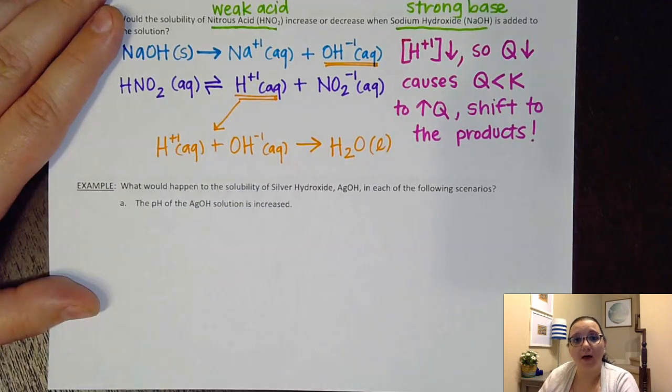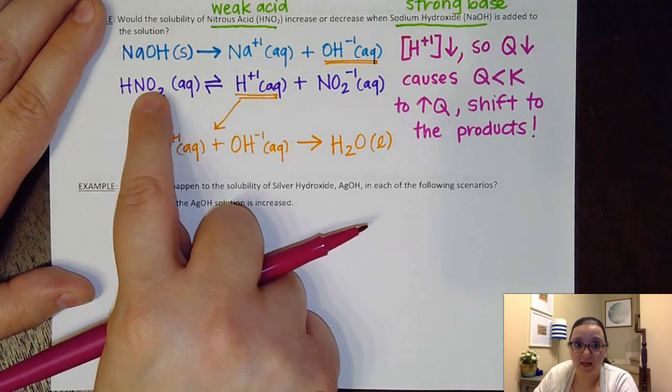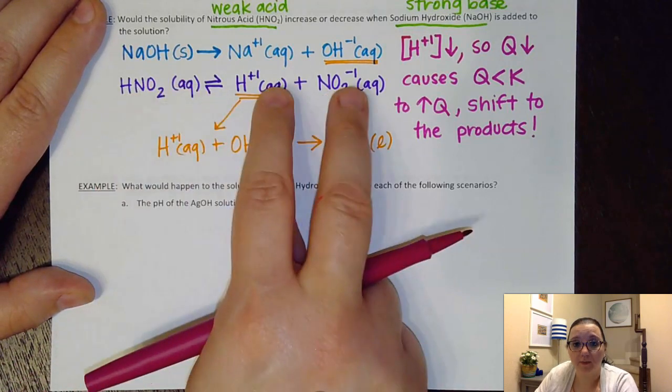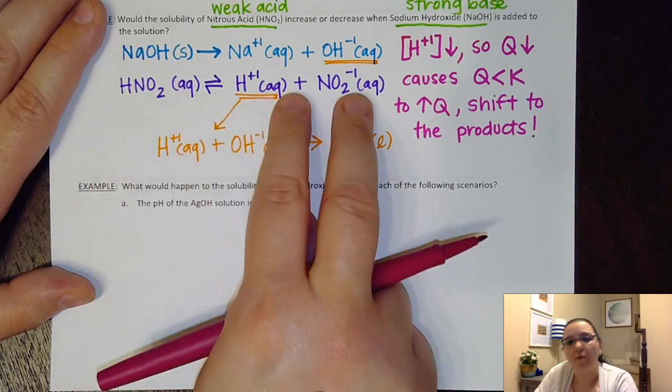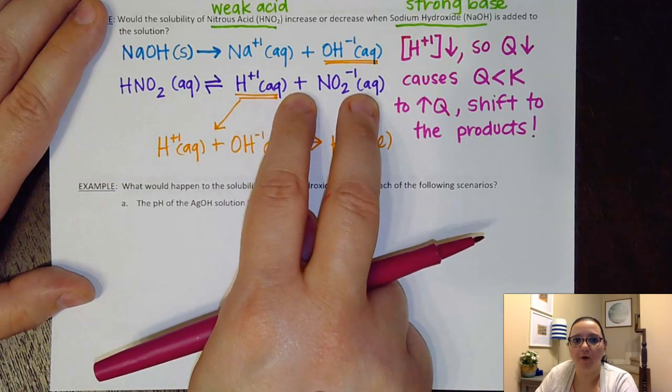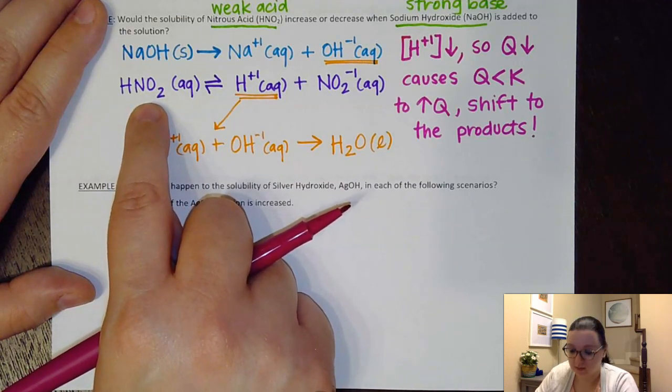Now, let's think about what that's doing to solubility. Solubility is the amount of this guy here, this HNO2, that is splitting up into ions. How much of this are we losing? Well, if more and more of this is getting shifted to that product side, that means more and more of this is dissociating. More and more of it is dissolving in the solution.